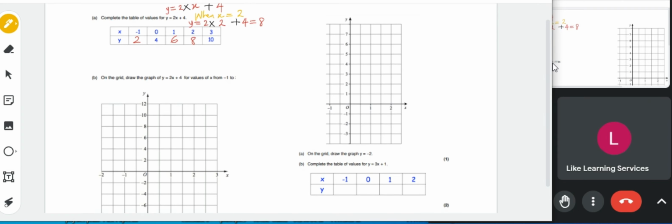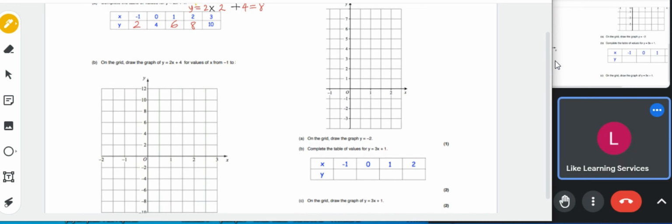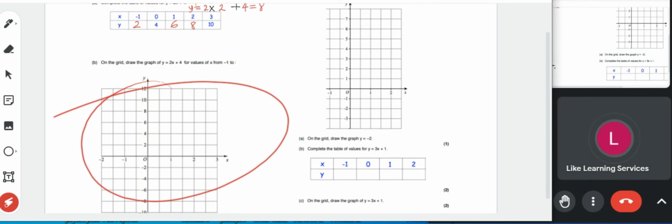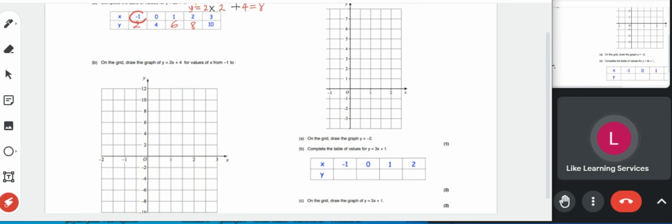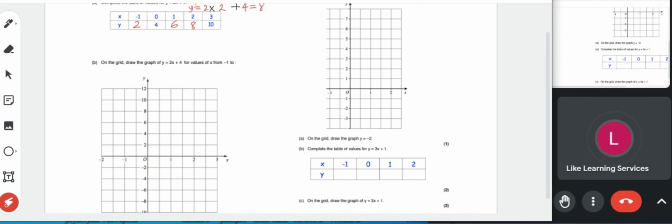You know how to plot now? Let's go ahead and plot. When x is minus 1, y is 2. Can you show me minus 1 of x and 2 of y? Just plot the coordinate minus 1 and 2.